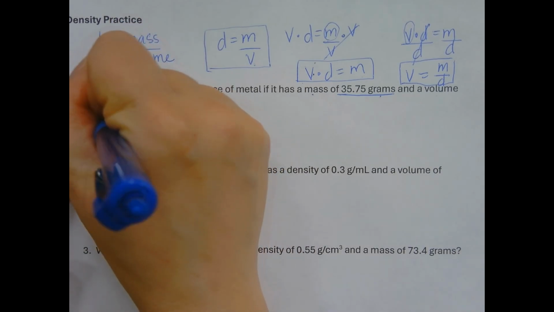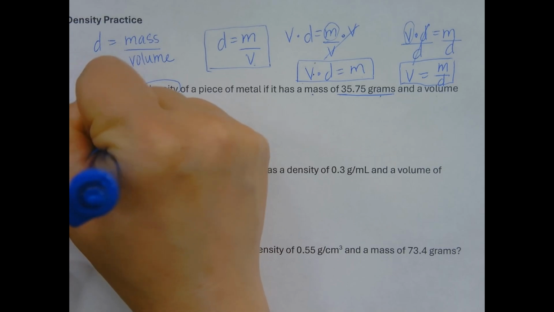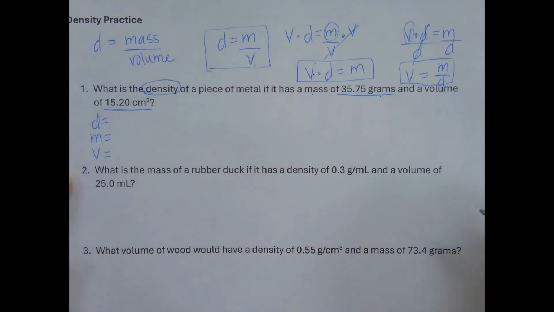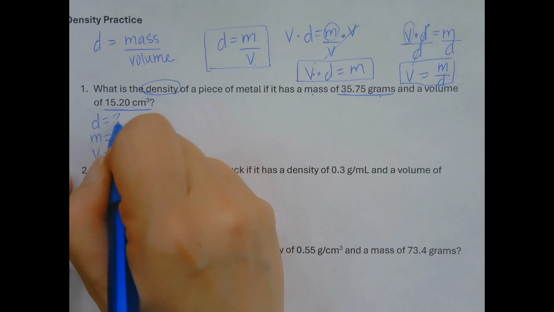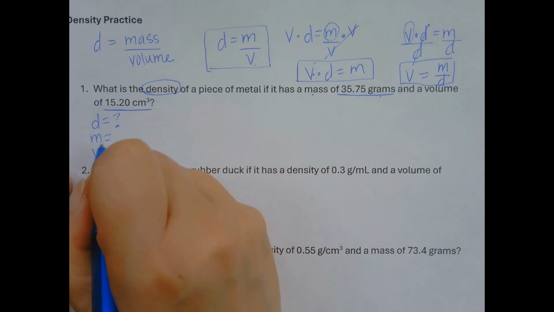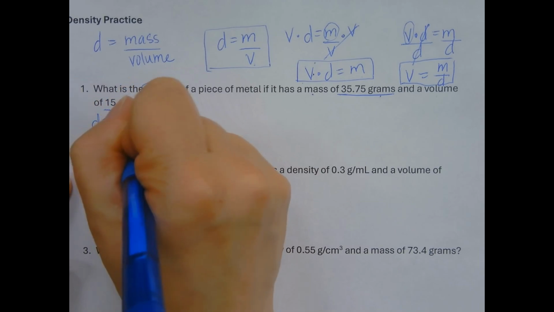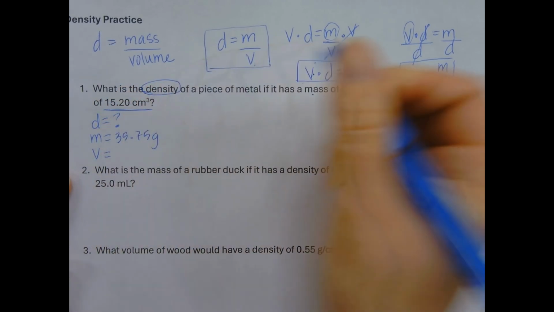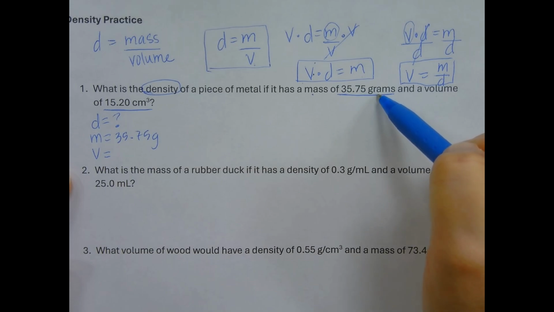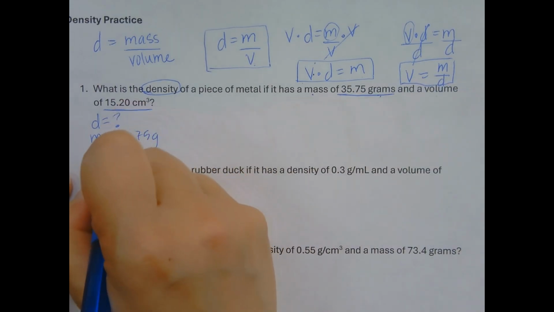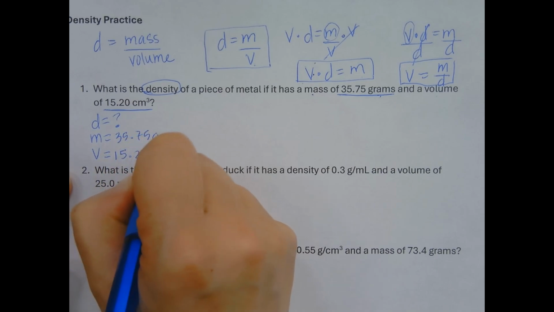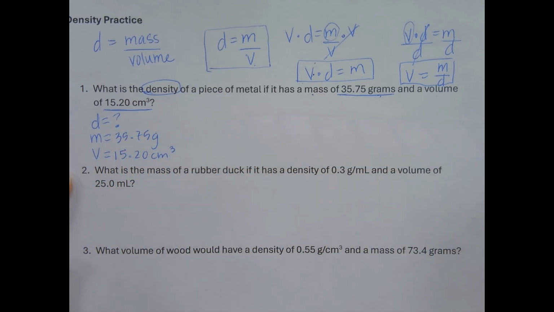So every time I have an equation like this, I'm going to list out my variables. Density, I don't know, question mark. The mass is 35.75 grams. I've identified that here. And my volume is 15.20 centimeters cubed.